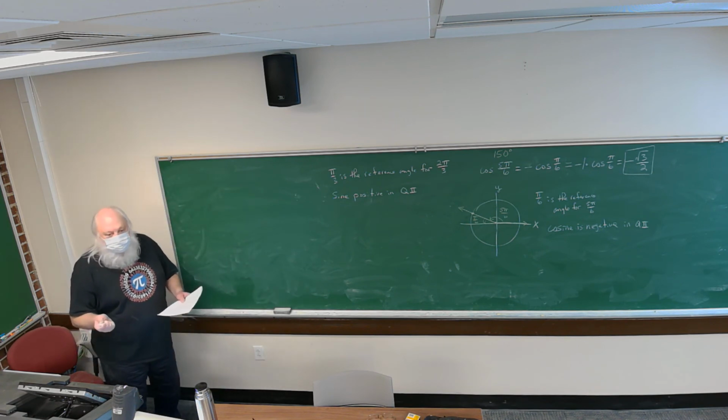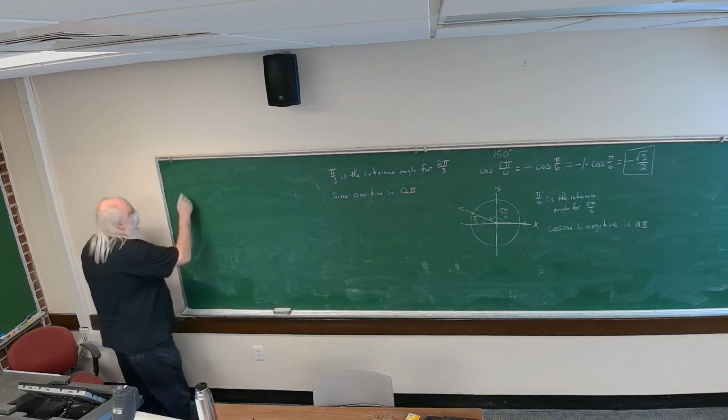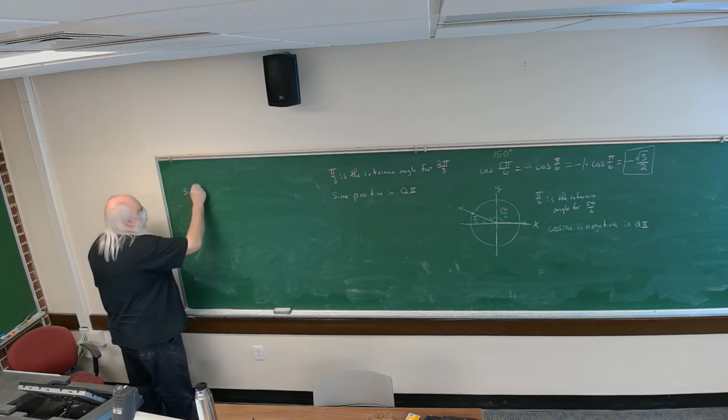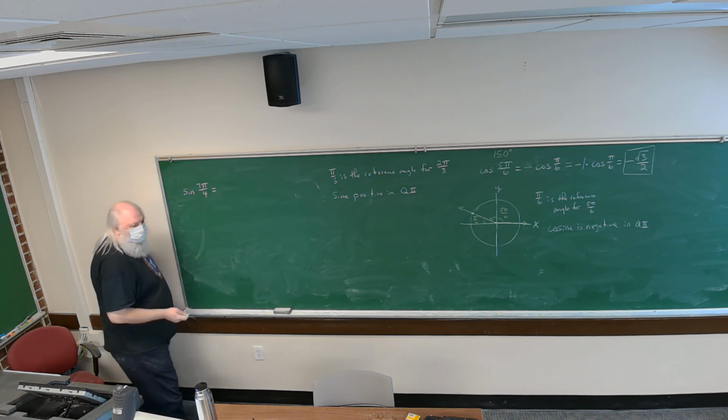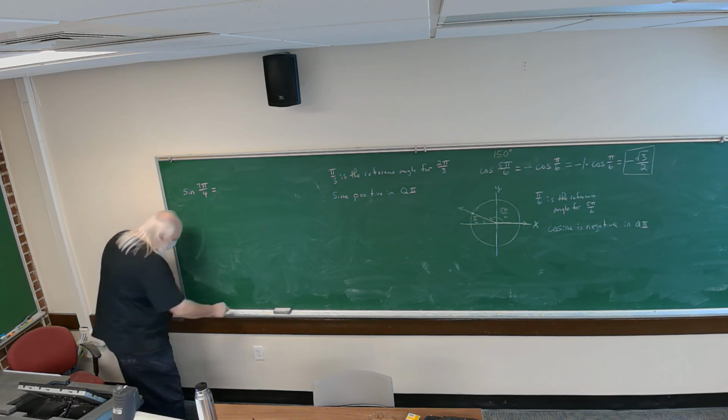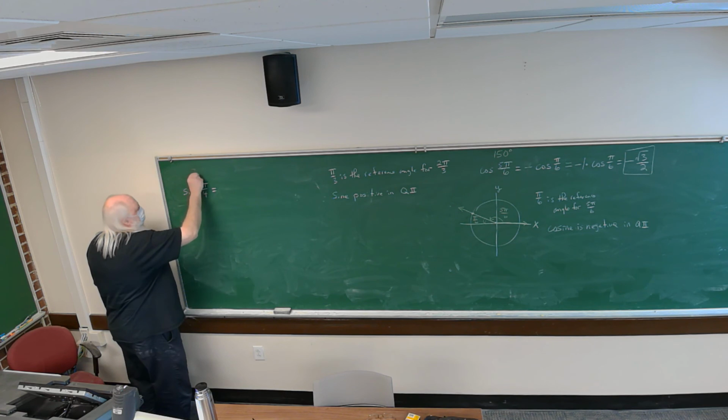Any questions on that? So next we have the sine of 7 pi over 4. And again, when you draw 7 pi over 4, it might help to think of what that angle is in degrees. That angle in degrees is 315.